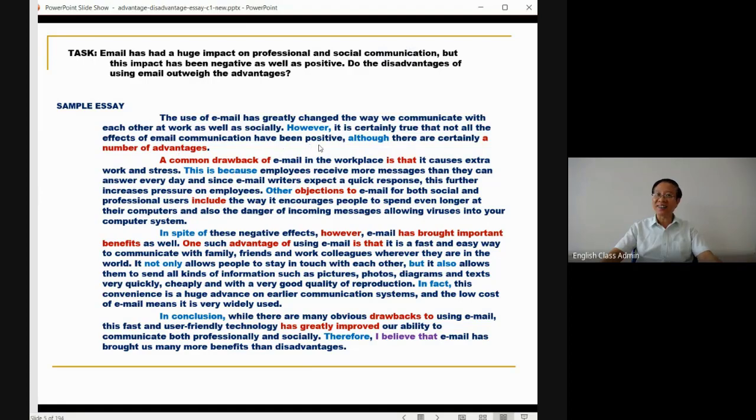This implies advantage, although there are certainly a number of advantages. Okay, so you can see in the thesis statement, you should mention almost all the main points that you're going to discuss in the body paragraphs.